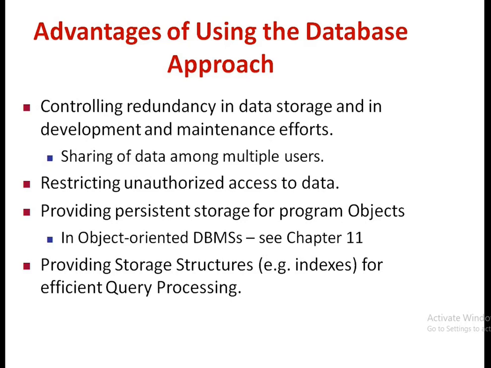A DBMS should provide a security and authorization subsystem which the DBA uses to create accounts and specify their account restrictions. For example, only DBA staff may be allowed to use certain privileged software, such as software for creating new accounts. So there is a privilege given to the DBA. This is how it restricts unauthorized access.